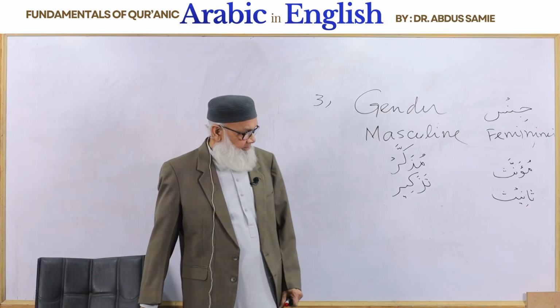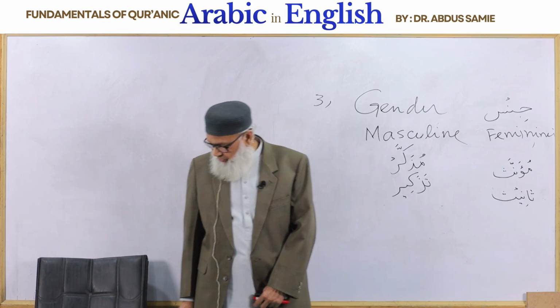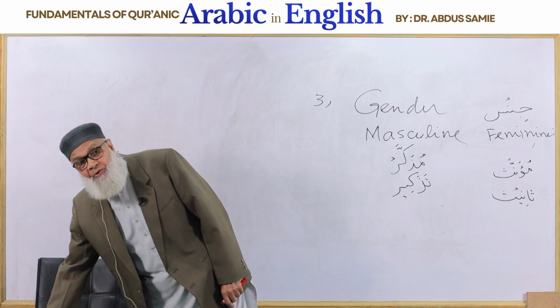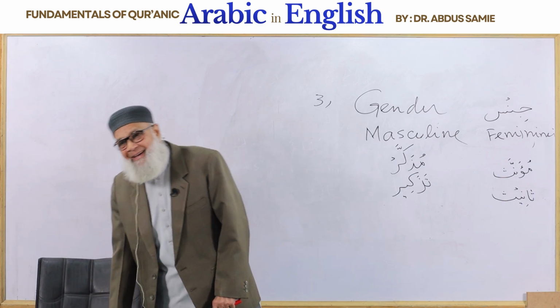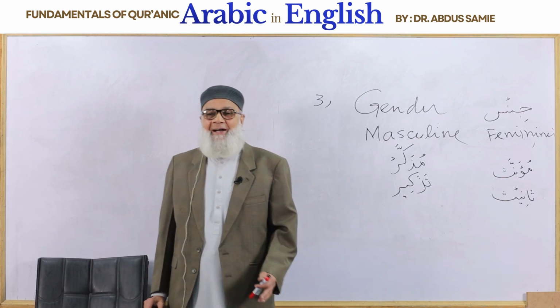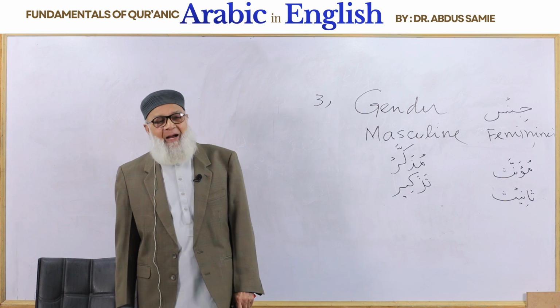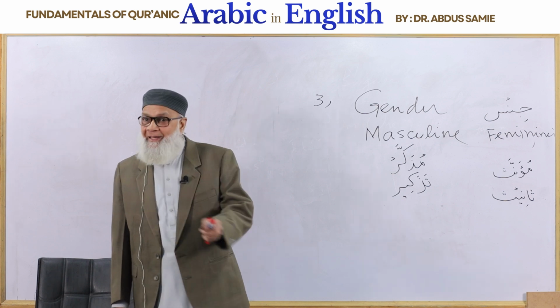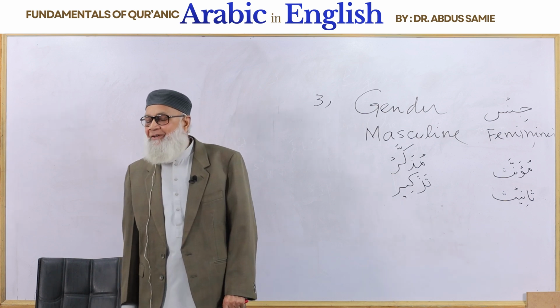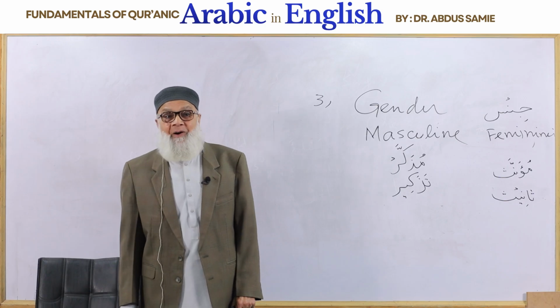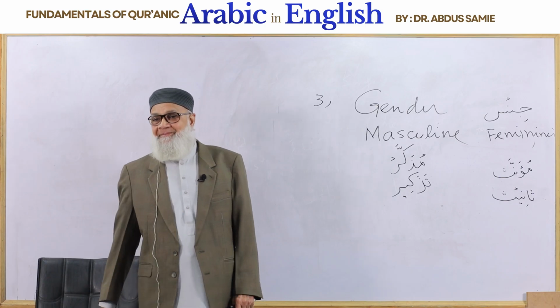Now we move further and go to the last but not at all the least. Commonly said, last but not the least. I'm saying last but not at all the least. And that is the form of a noun.